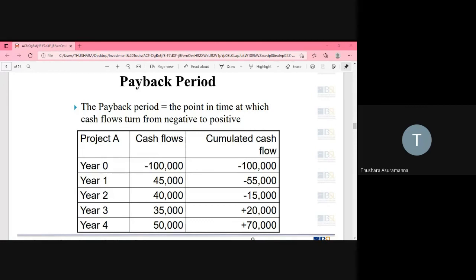Because in any project, there may be some machinery or vehicle or whatever leftovers. You can sell it at a price. That could be an inflow to a company's cash flow. So that's why 30,000 is added to another 20,000.